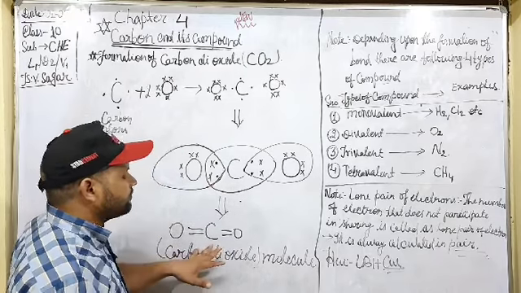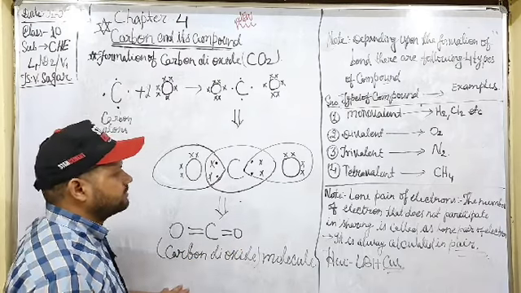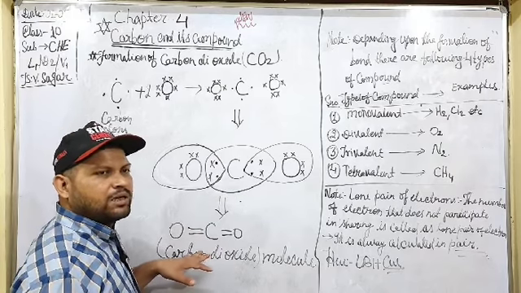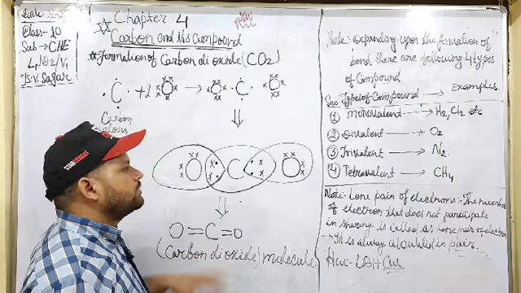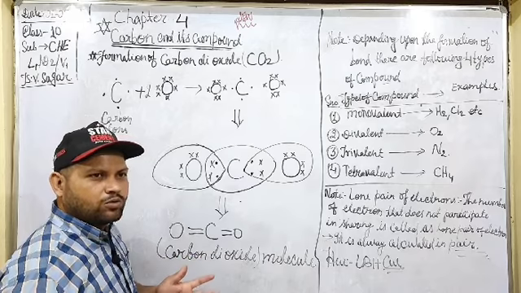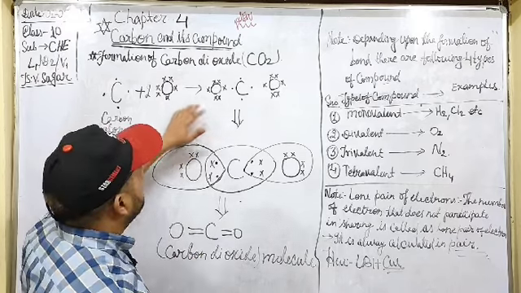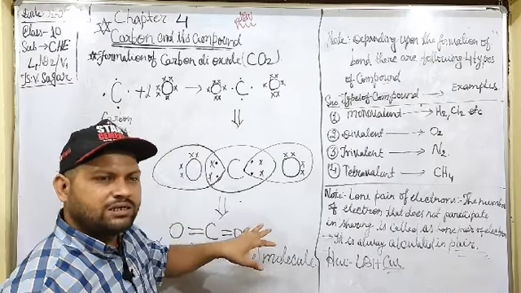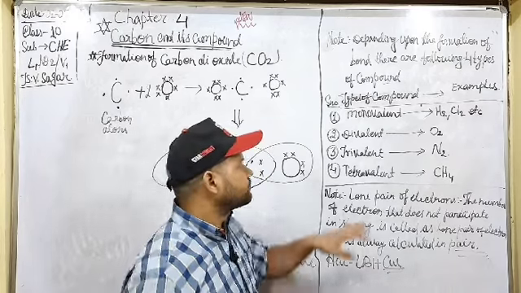These are the Lewis structures and explanations about how carbon dioxide is formed. You have to practice it by writing it in your copy, and always remember these structures. This may be asked in the examinations held by CBSE.